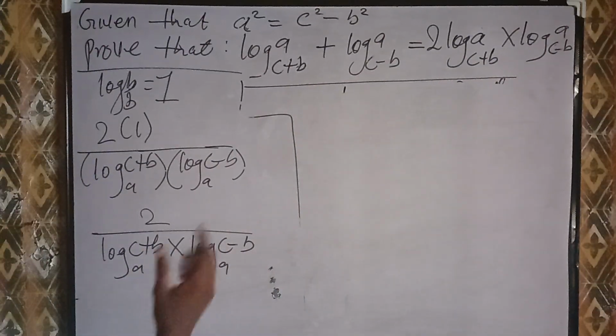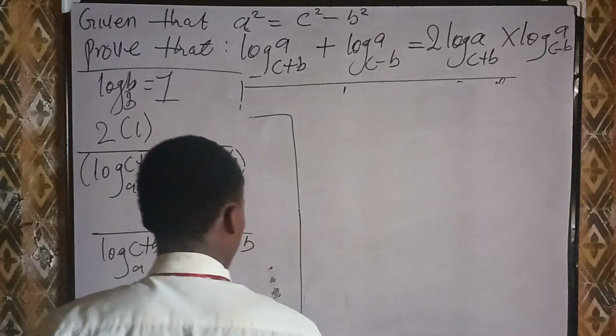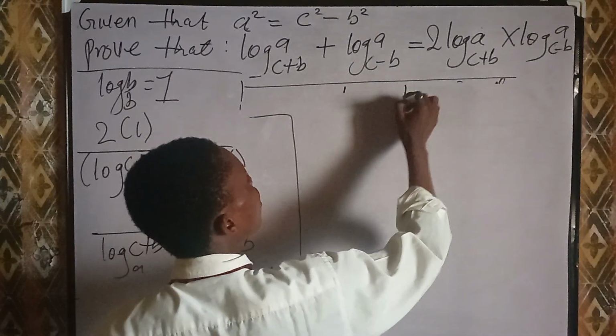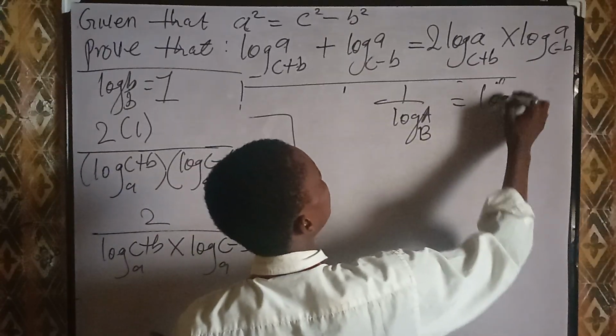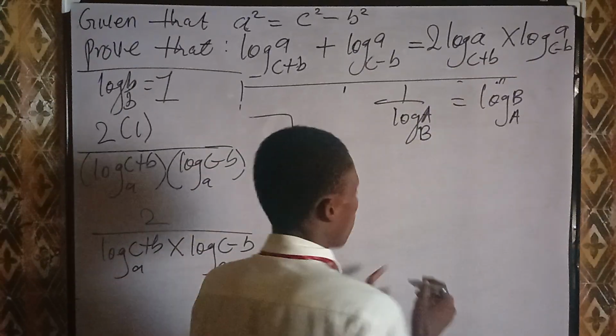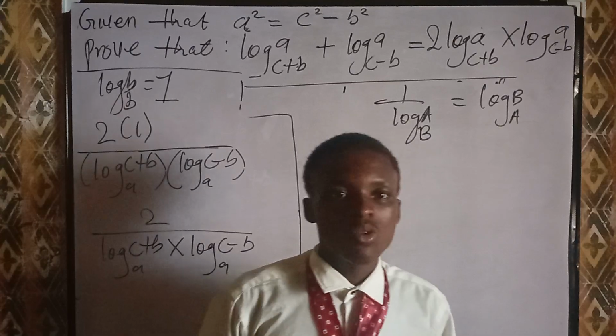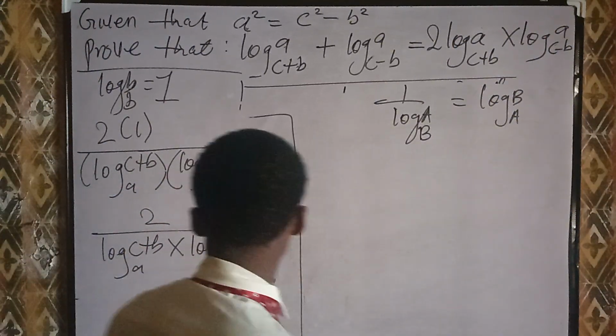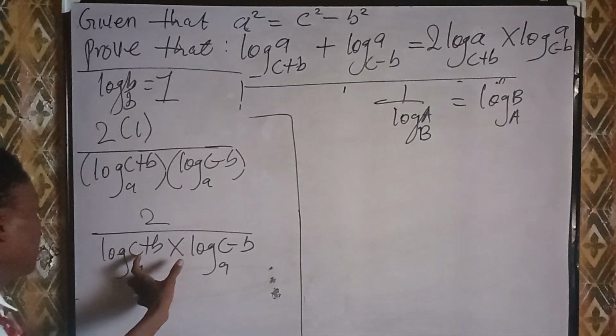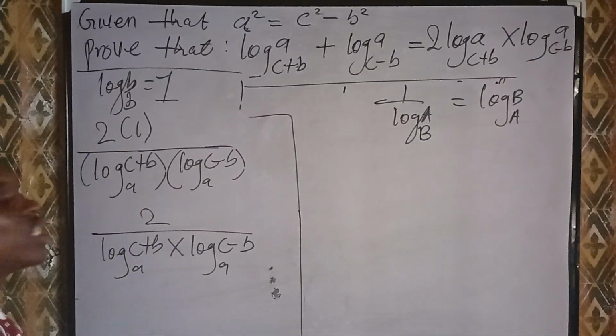All right, from here, recall this property: if we have 1 by log_A B, this equals log_B A. It states that when the log appears as a fraction, the log and the base interchange their position. So from here, log_A(C+B) and log_A(C−B) will interchange their position.